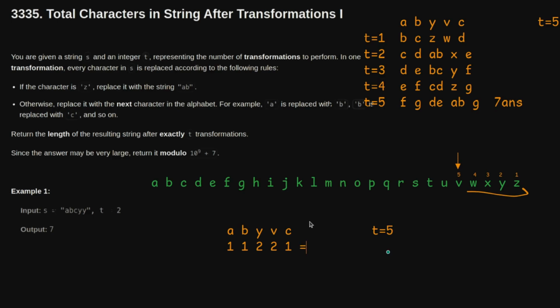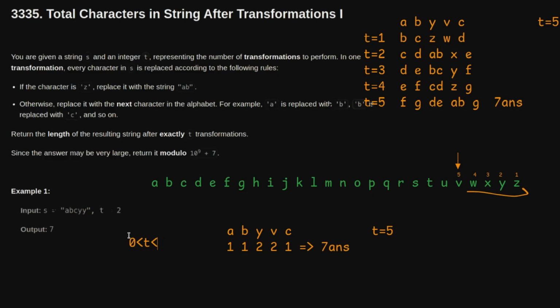So if I see this, I get the result as 2, 2, 3, 2 to 4, 5, 6, 7. We again got 7 as the answer. But what if? This is only valid when T is between 0 to 27.